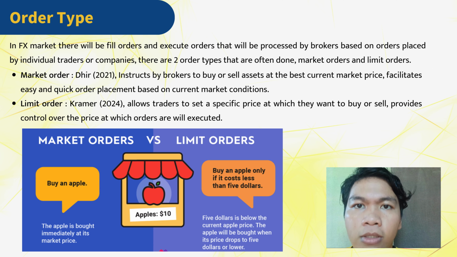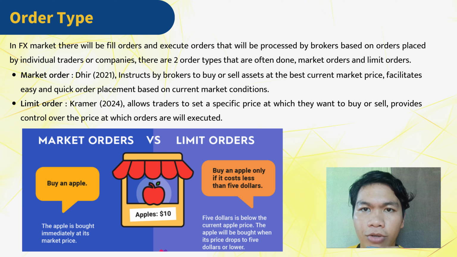Types of order. In the FX market, there will be a filled order and an executed order that will be processed by a broker based on the order placed by individual traders or companies. There are two types of order that are often used in the market. First is the market order, second is the limit order.